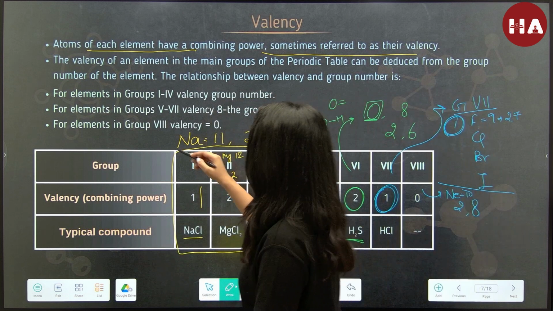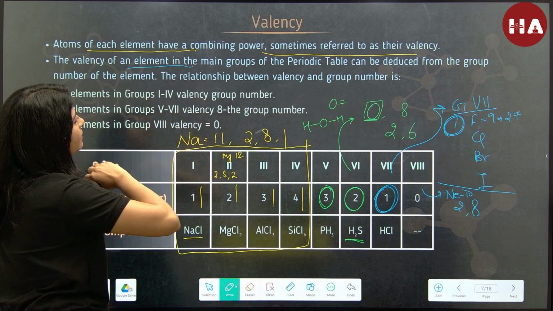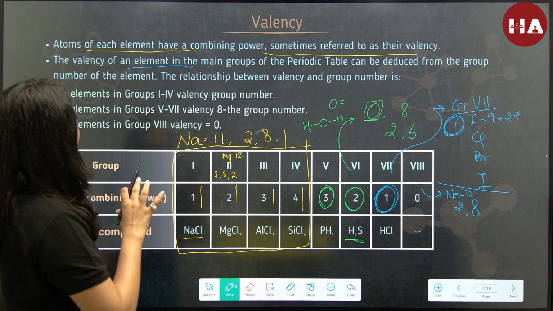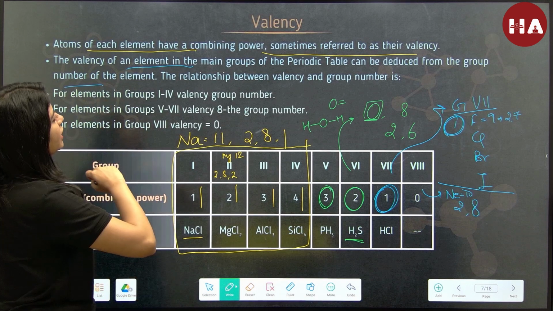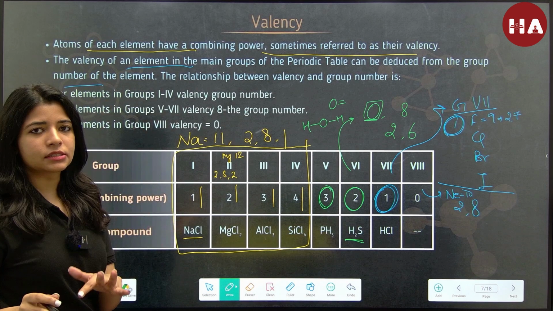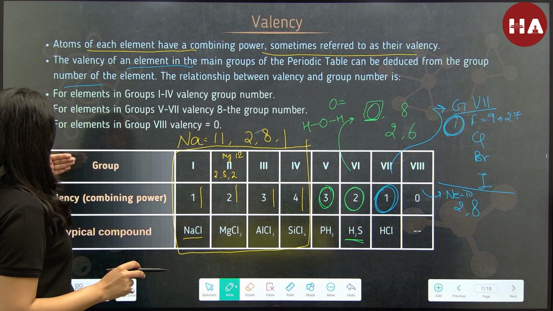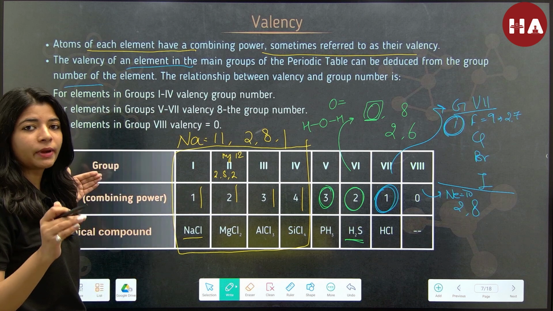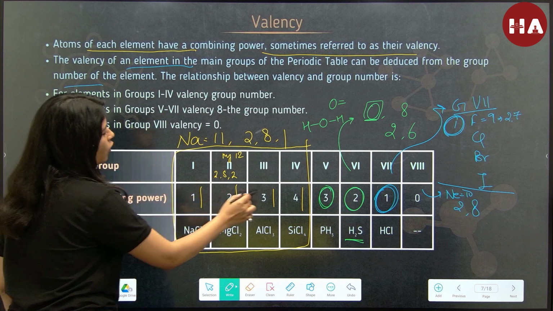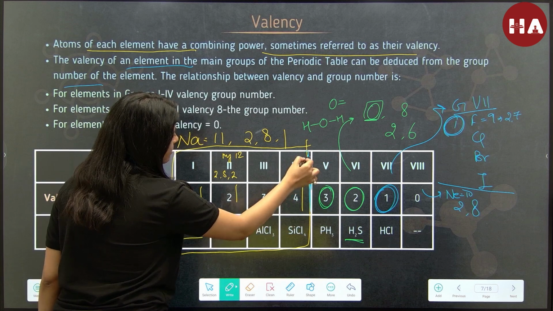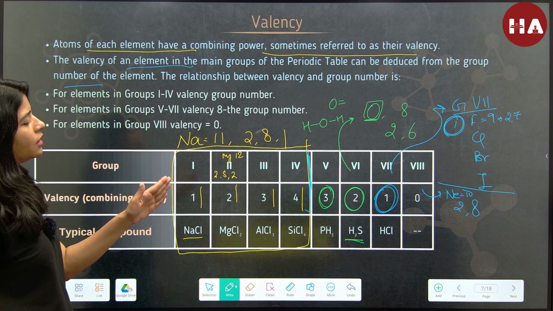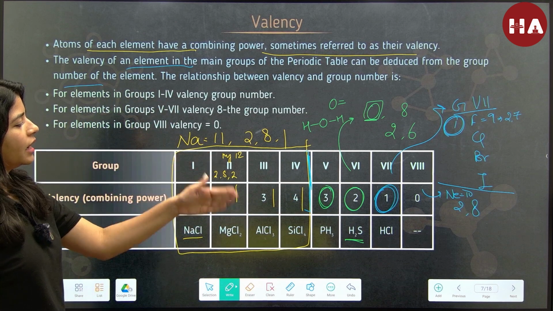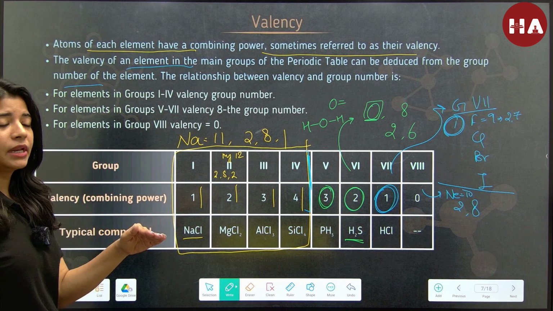Now quickly let's read. The valency of an element in the main group of the periodic table can be deduced from the group number of the element. The relationship between valency and group number: till group 4 the group number remains the same as the valency number, and after that, for groups 5, 6, 7, 8, we simply reduce.